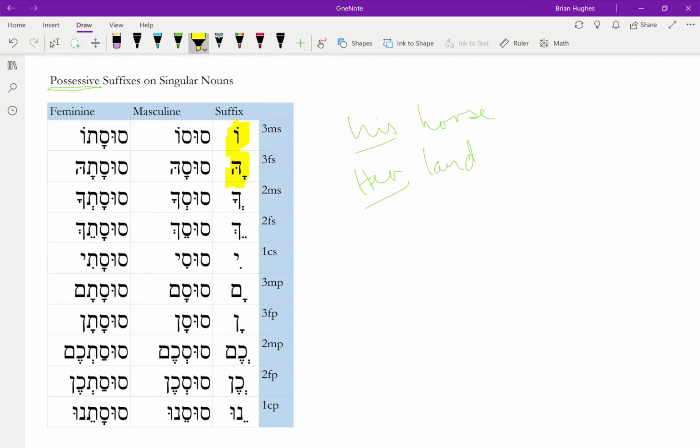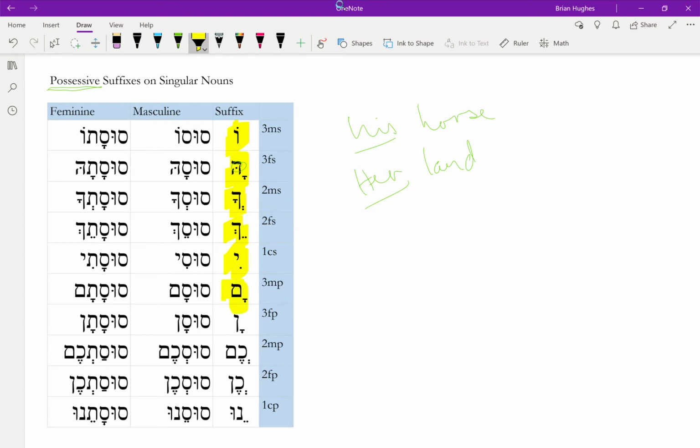Third feminine singular is a, with a mapik in the middle, communicating that this hey is functioning as a consonant, not a vowel. Then the shava, kaf, kamets is our second masculine singular. Second feminine singular is tsere, kaf, so ech. First common singular is hirik yod, i.